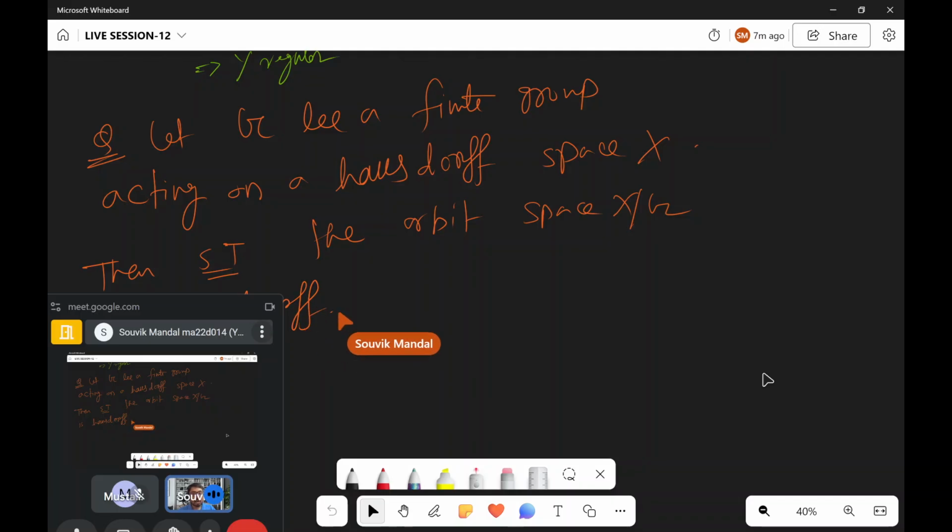G is a finite group acting on Hausdorff space X. We need to show that X divided by G is Hausdorff.